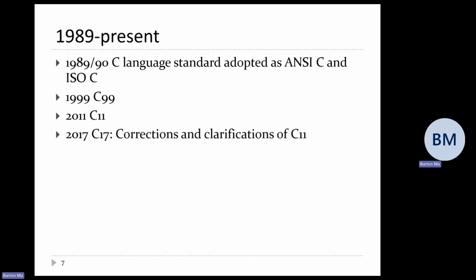Right, and then there have only been a few updates since then. Right, so 89 was the first standard. 99 was the second standard version of the language, right? So 10 years later, 12 years later was the next update, and then 6 years later was the next update, and that only has very minor updates compared to C11.